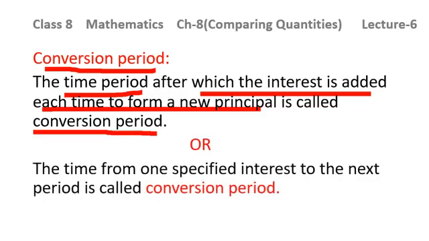Or you can define it like this: the time from one specified interest to the next is called the conversion period. So the time period after which the interest is added each time to form a new principal is called the conversion period.